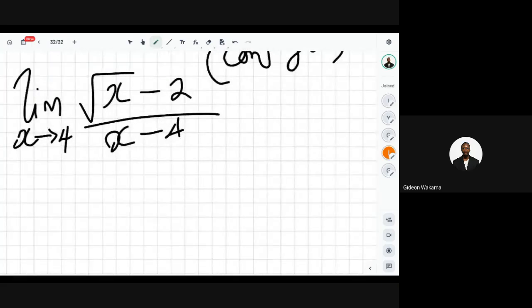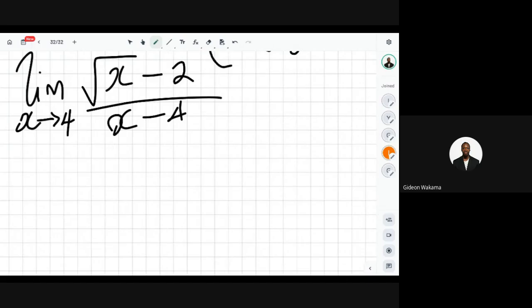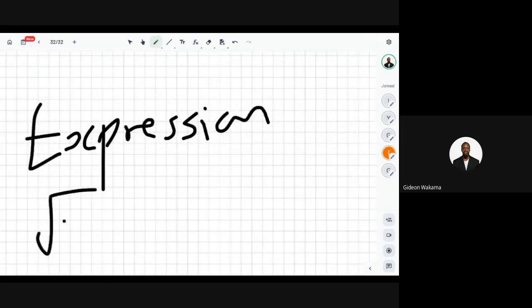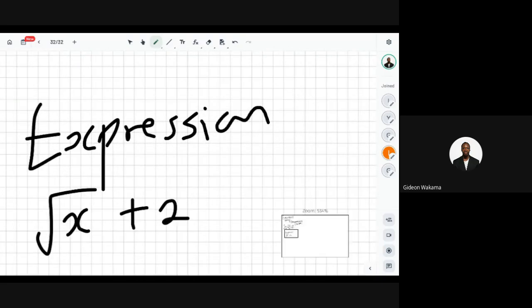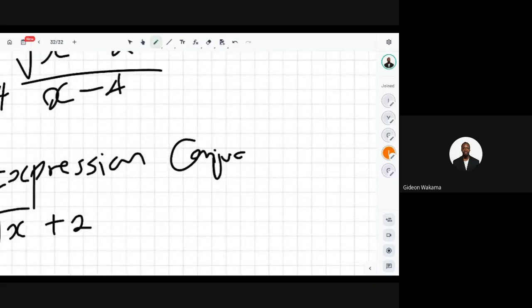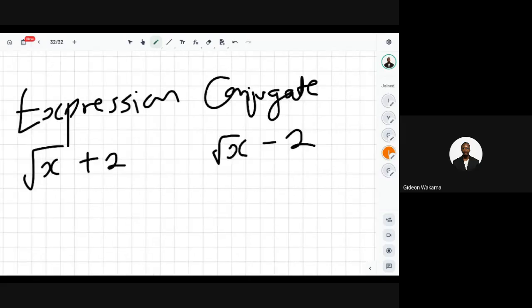For instance, let's say we have an expression. I have an expression like this. And then I have a conjugate. Root x plus 2. And let this be my conjugate. The conjugate of root x minus 2 will be root x plus 2.